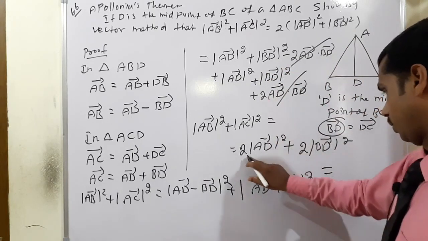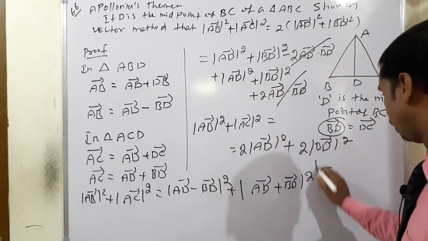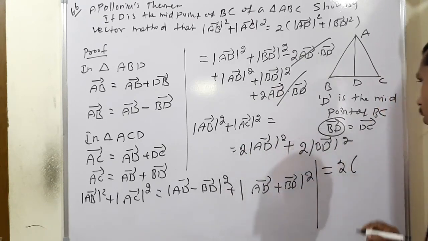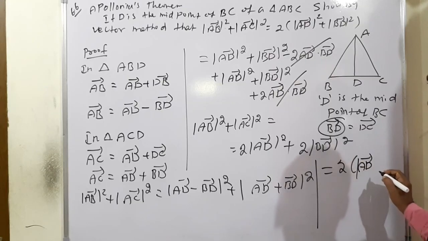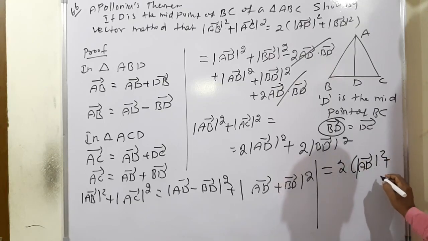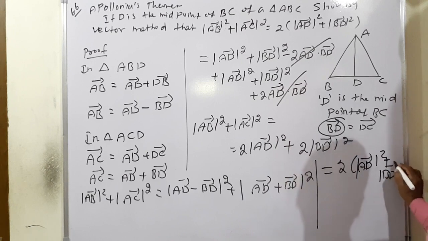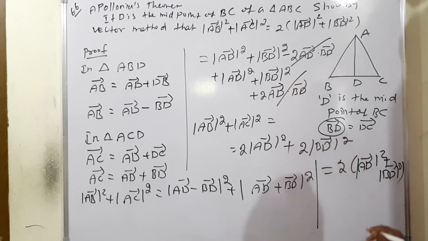Look at this. According to the right hand side, taking 2 common outside, what will happen? Modulus of AD vector square plus modulus of BD vector square, isn't it? This is what we need.